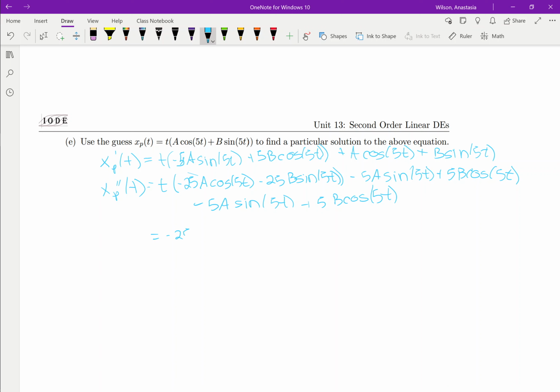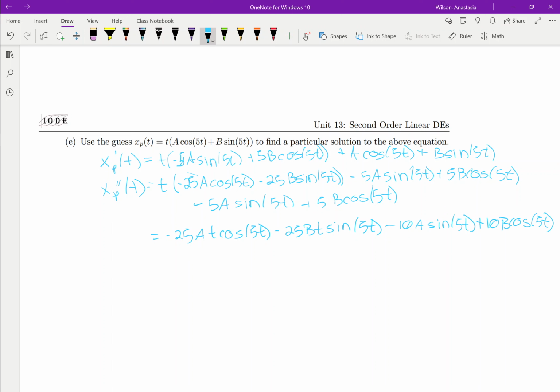So we'll have a negative 25at cosine of 5t minus 25bt sine of 5t minus 10a sine of 5t plus 10b cosine of 5t.